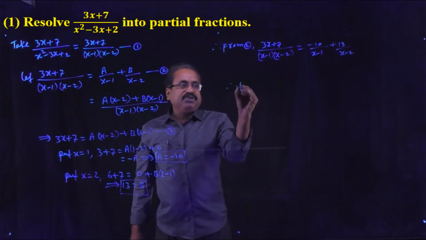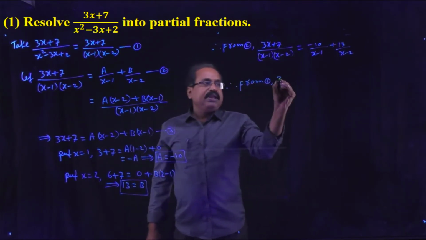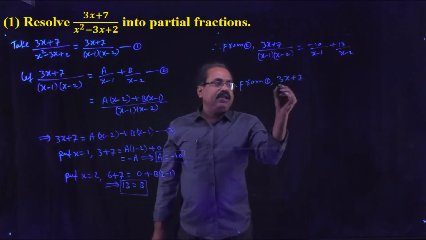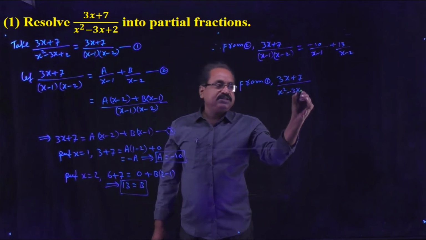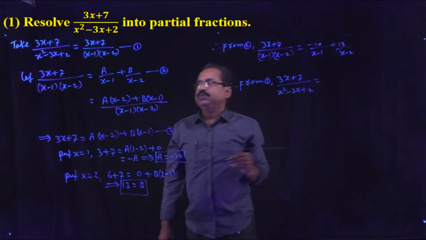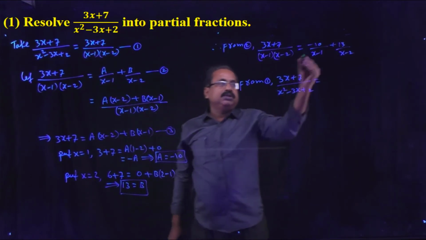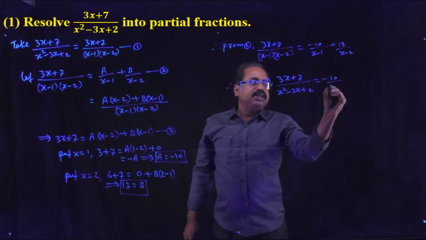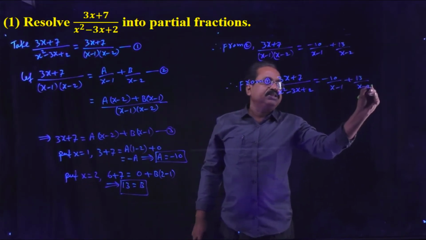Therefore, from equation 1, (3x plus 7) by (x square minus 3x plus 2) is equal to (3x plus 7) by (x minus 1) into (x minus 2). That is equal to minus 10 by (x minus 1) plus 13 by (x minus 2).